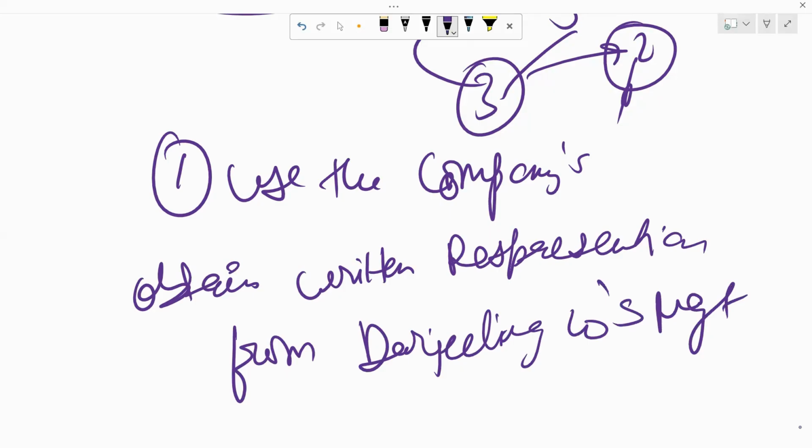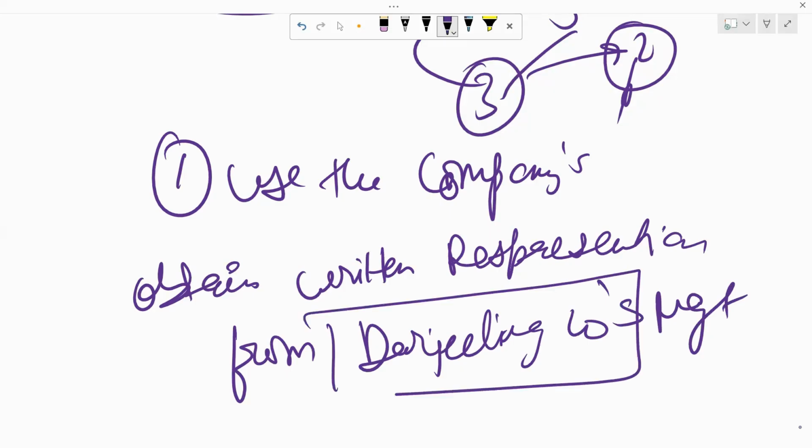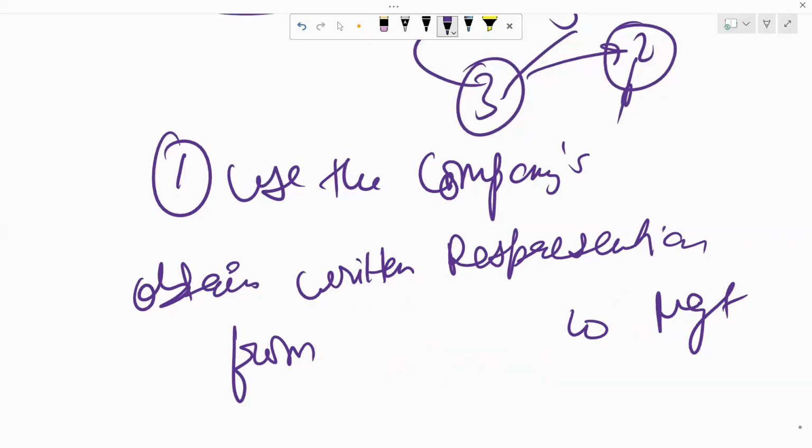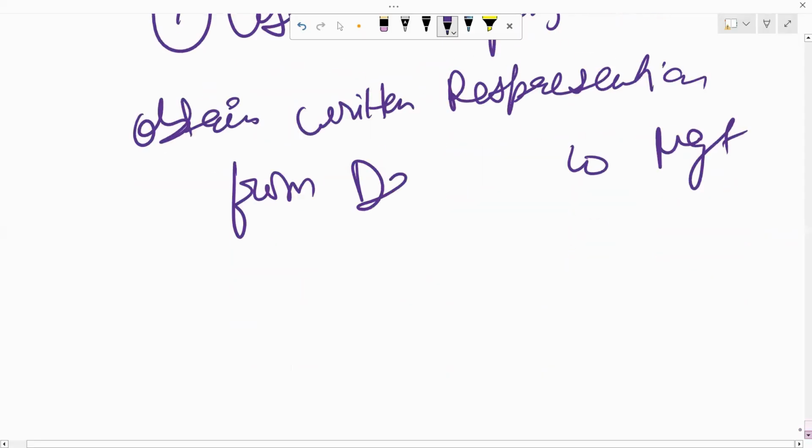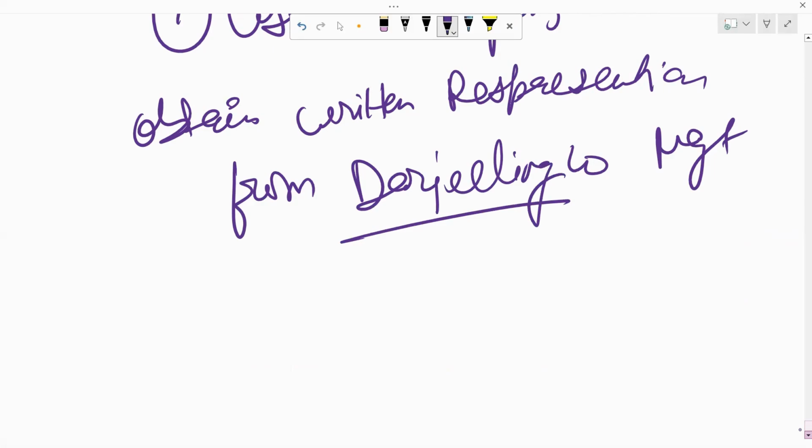Okay, so here when I'm writing this thing, it means I'm relating it to the case scenario. So if I'm writing, firstly using the name, whenever you are writing any procedure, just keep this again in your mind that you have to use the name of the company also in your answer. So Darjeeling company I have used.